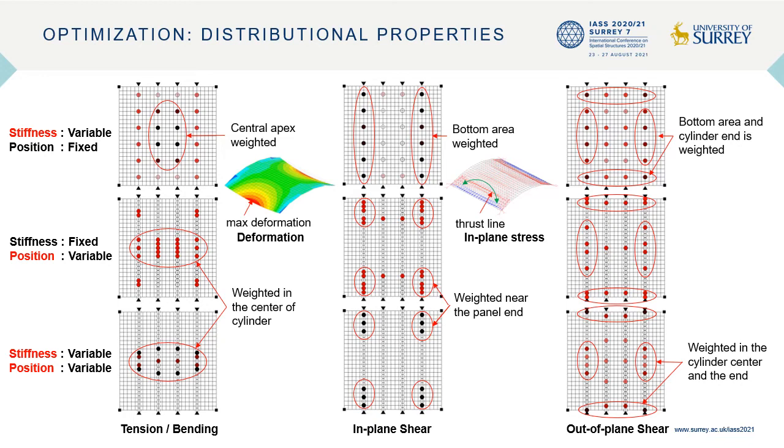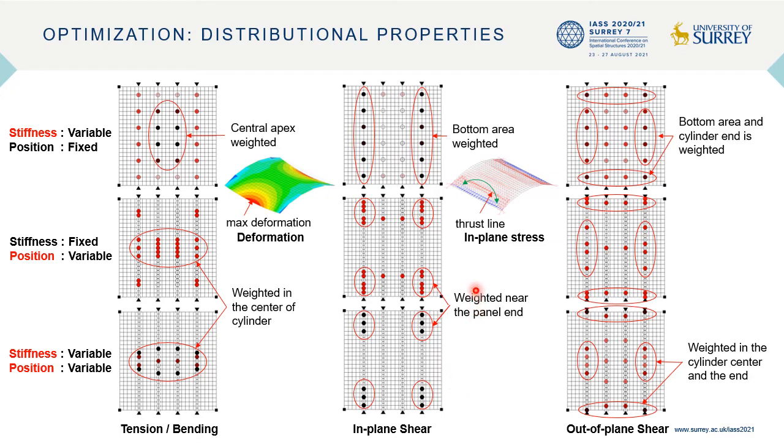Regarding the weighting parameter distributions, the bending stiffness is weighted around the central apex. This enhances the stiffness to reduce the cylindrical feature that contracts inward under dead load. For the in-plane shear, it is weighted at the bottom.